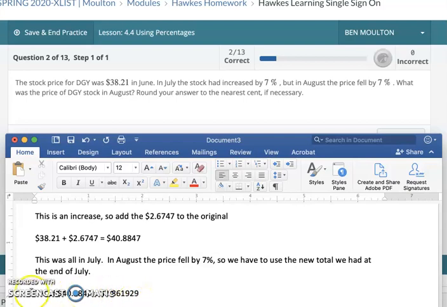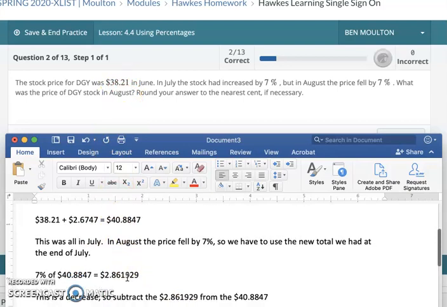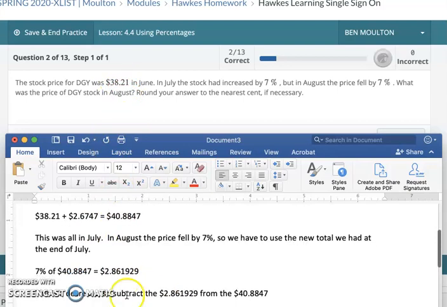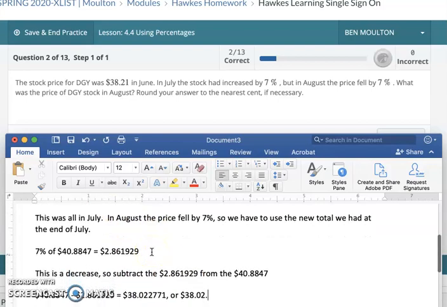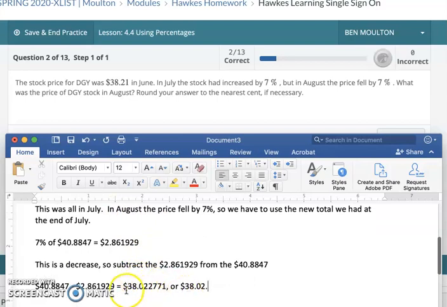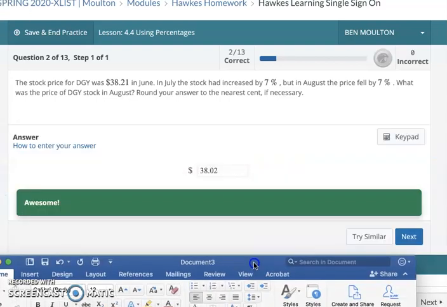You're taking 7% of a bigger number of $40 and change versus $38.21. So it will be a bigger number that this will drop by. So we'll subtract, because it's a decrease, but we have to subtract it from the end of July numbers here. All right, so you subtract it, and once you round it, now you can round at the very end, we end up with $38.02. And that's exactly what your answer is.